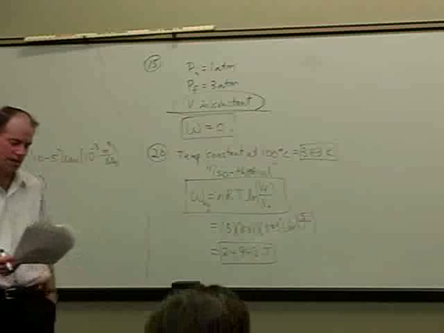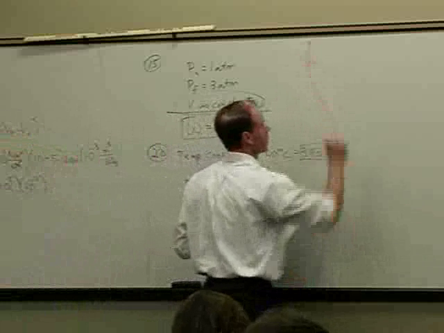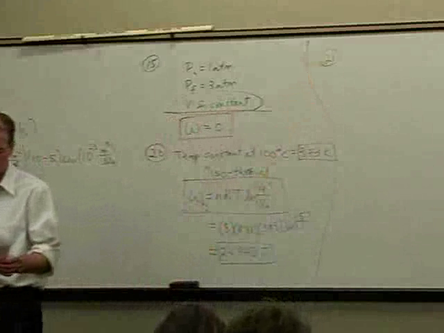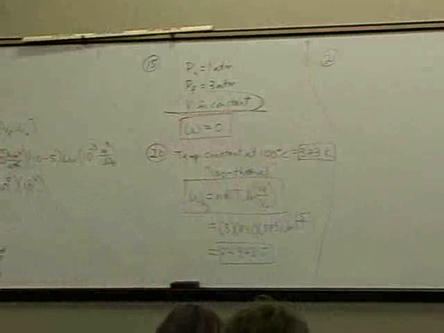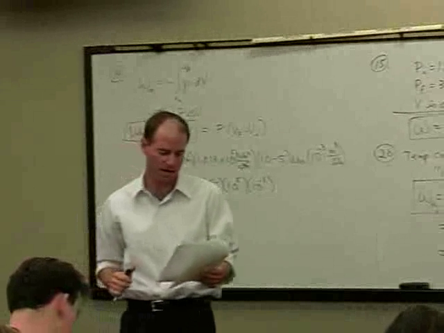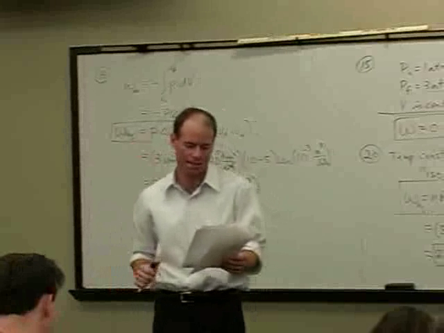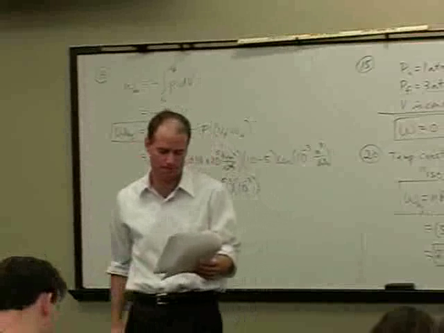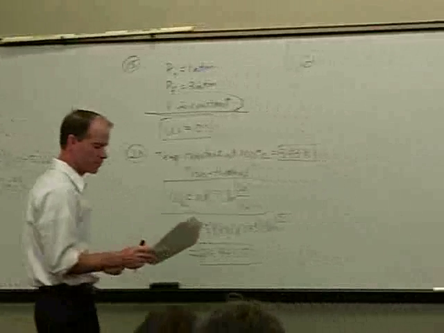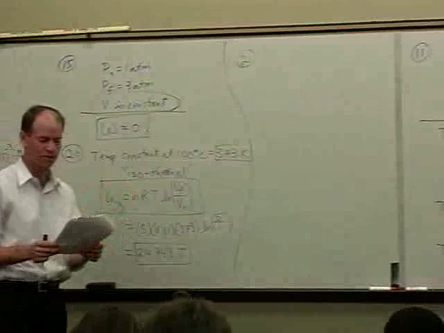Associated with this problem is the next problem, 21. It says 5 moles of an ideal gas expands isothermally at 100 degrees Celsius to 5 times its initial volume. Find the heat flow into the system. It's basically the same problem, only made in a more general way.